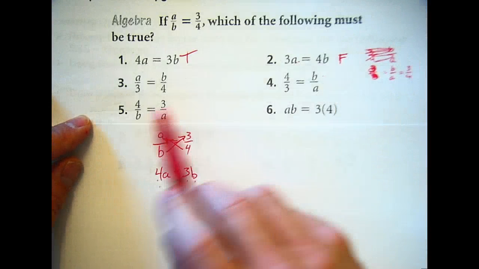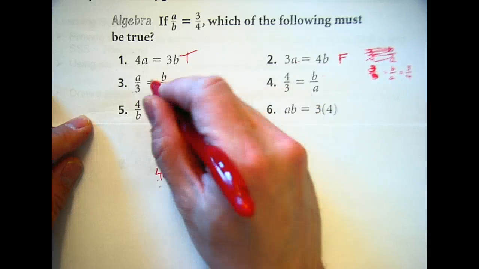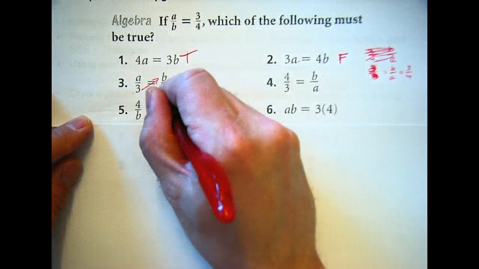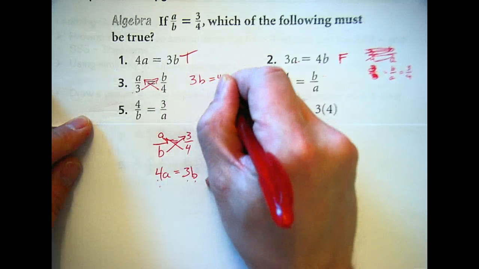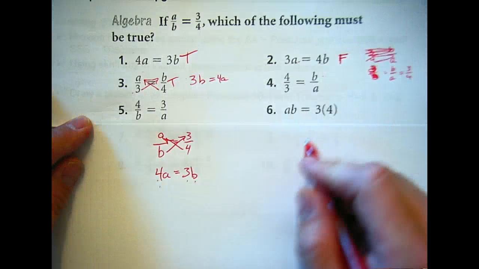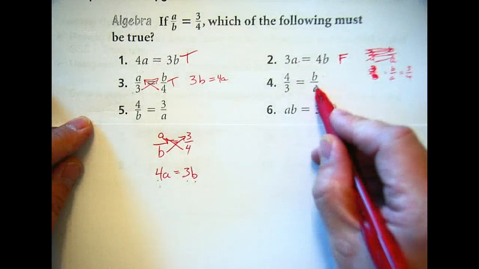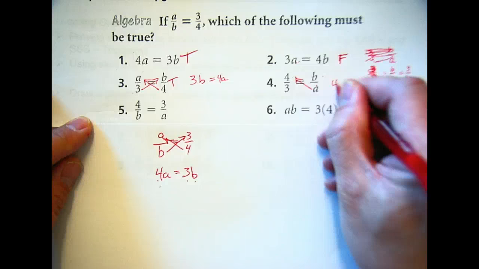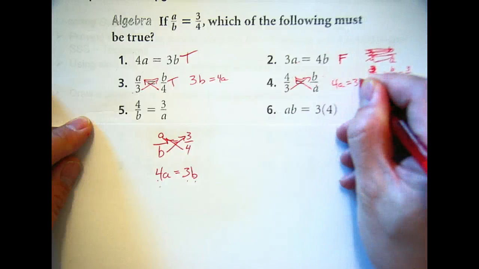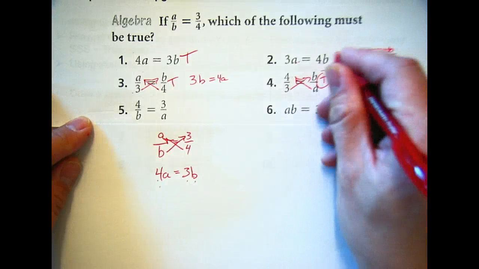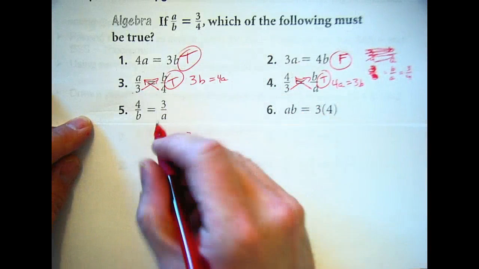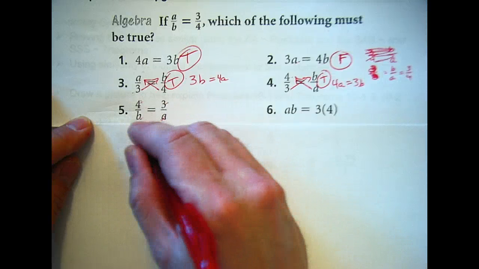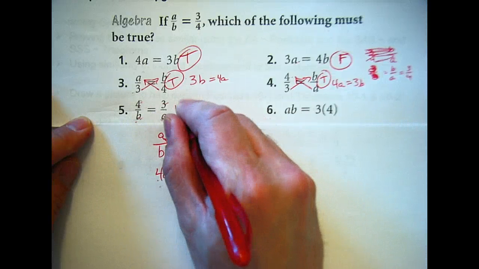All right. How about this one? Cross multiply, I get 3B and 4A. This is true. Is this one true? Yeah. 4A equals 3B. True. All right. Well, how about this one? 4A equals 3B, right?